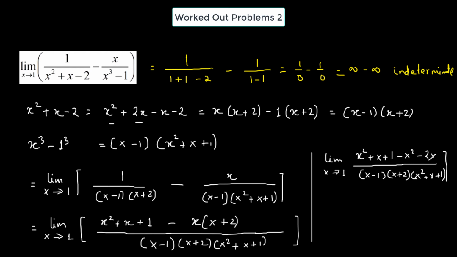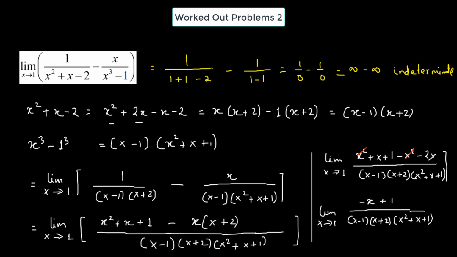So we can cancel out x squared from the numerator. That leaves us with negative x plus 1 divided by x minus 1 times x plus 2 times x squared plus x plus 1. So this is the limiting value of x going to 1.